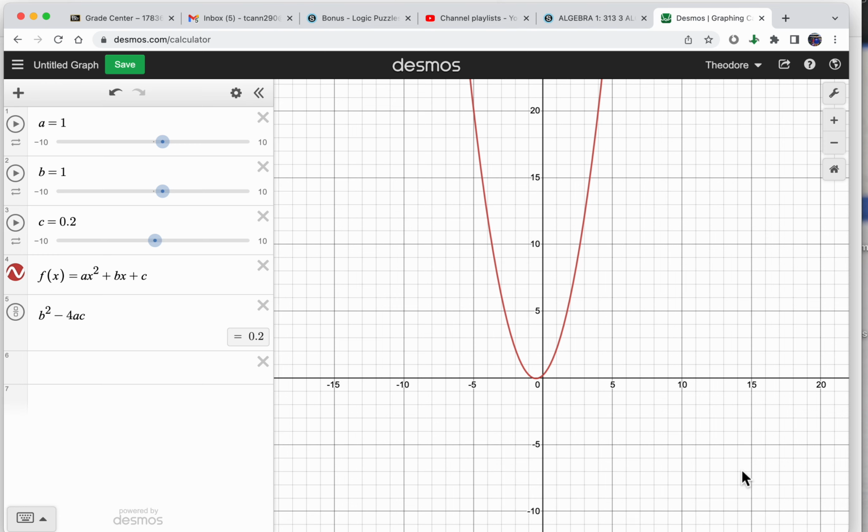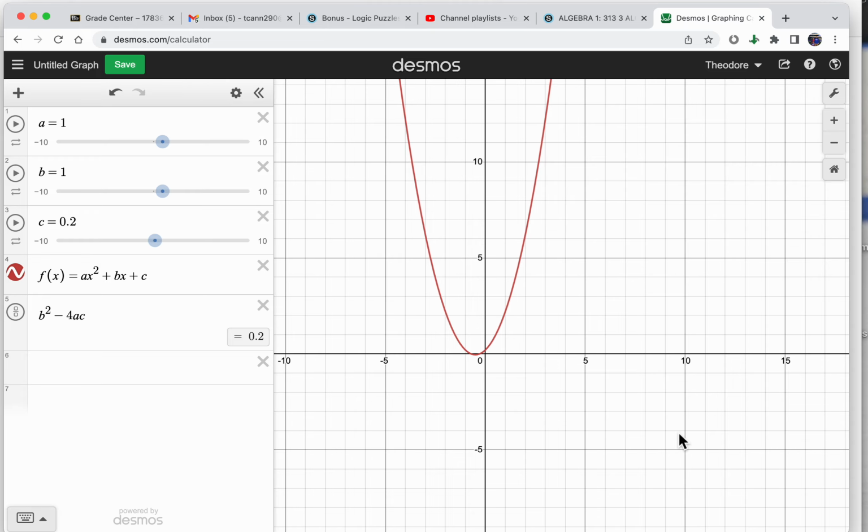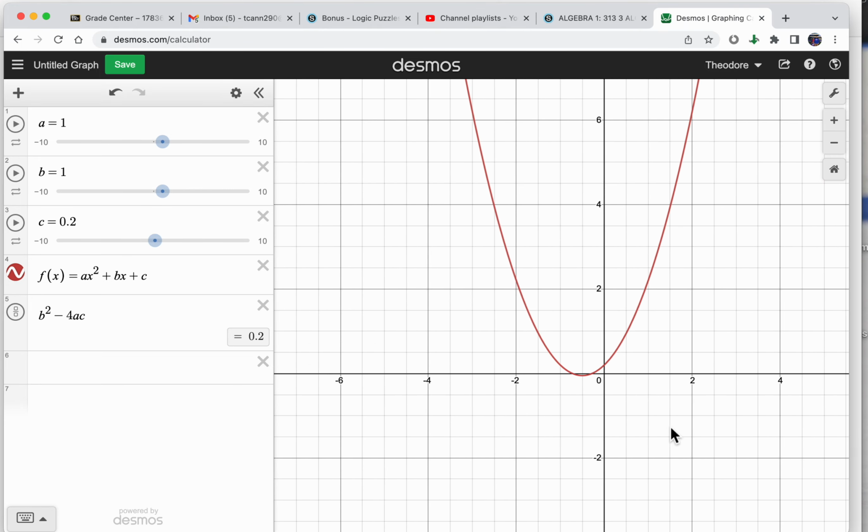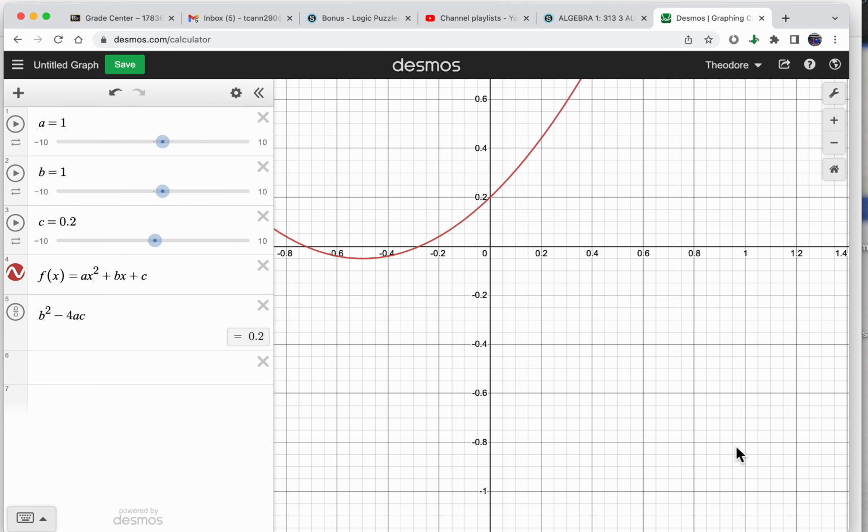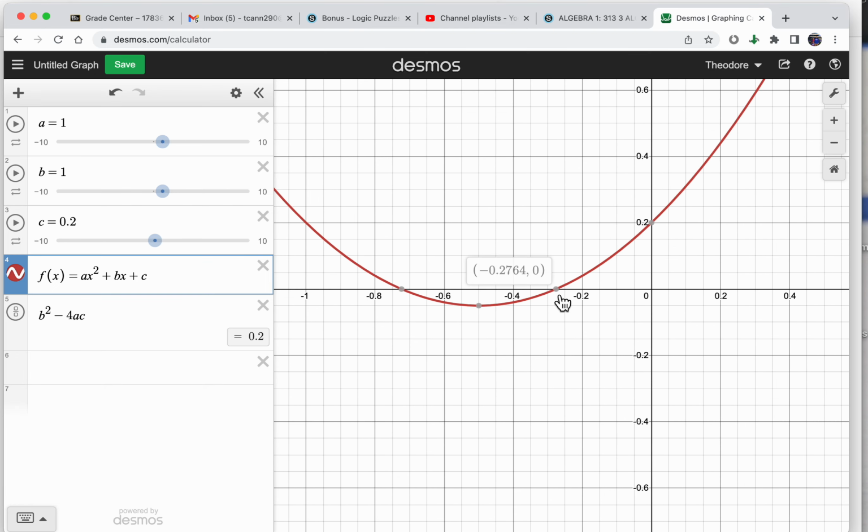So if it looks like it only crosses once, it only crosses once. But sometimes it could be deceiving, right? Because if you really, really bring it in, you see that there's more than one intersection there, right? So those kind of things you got to be careful about. But like I said, on a pencil paper assessment, it's not going to be much of an issue.